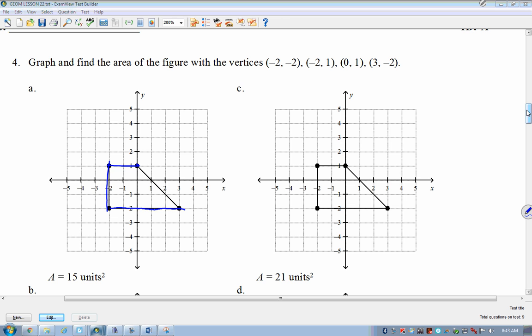That should be enough information, right? 2 plus 5 times 3 divided by 2. 7 times 3 is what, 21? 21 divided by 2, 10.5. 10.5 units squared. The very first thing that you want to check, though, is make sure that the coordinates of that trapezoid match the coordinates that they've given you, because there might be a difference in here, and you want to double check that, okay?